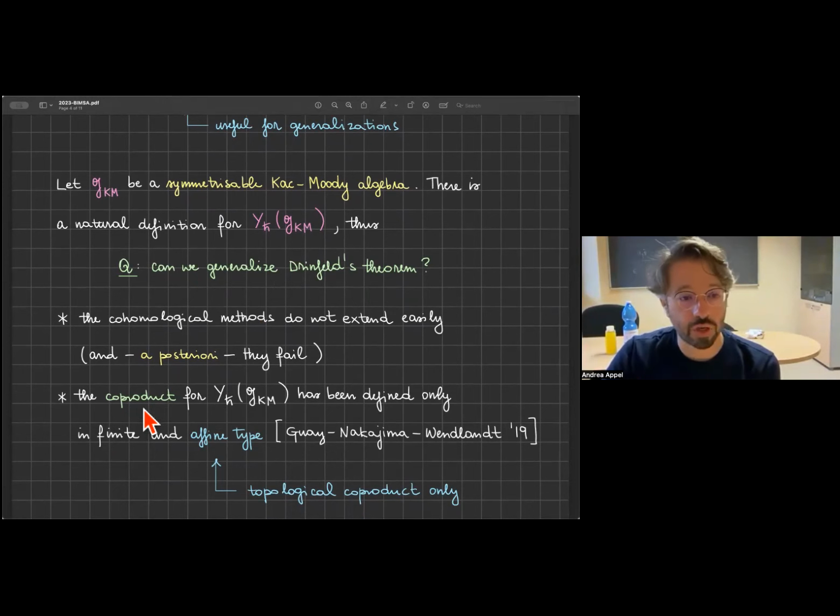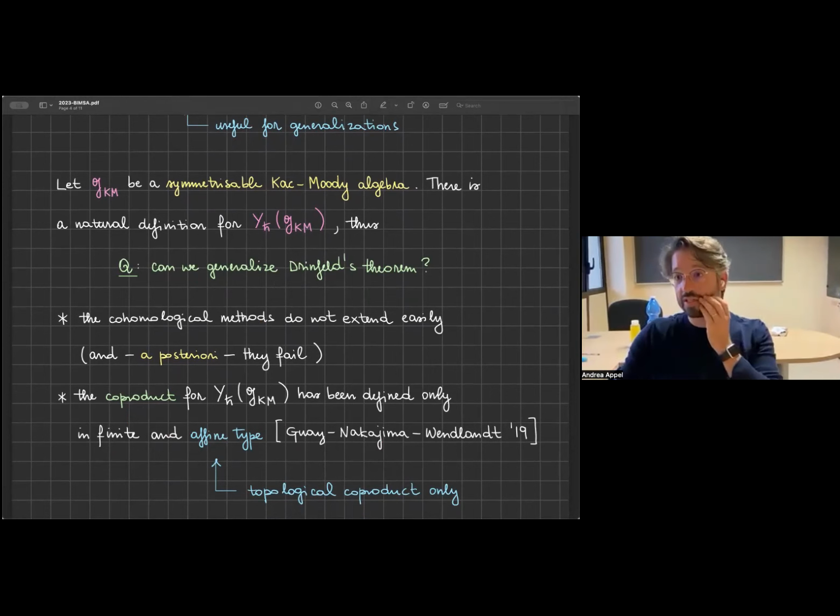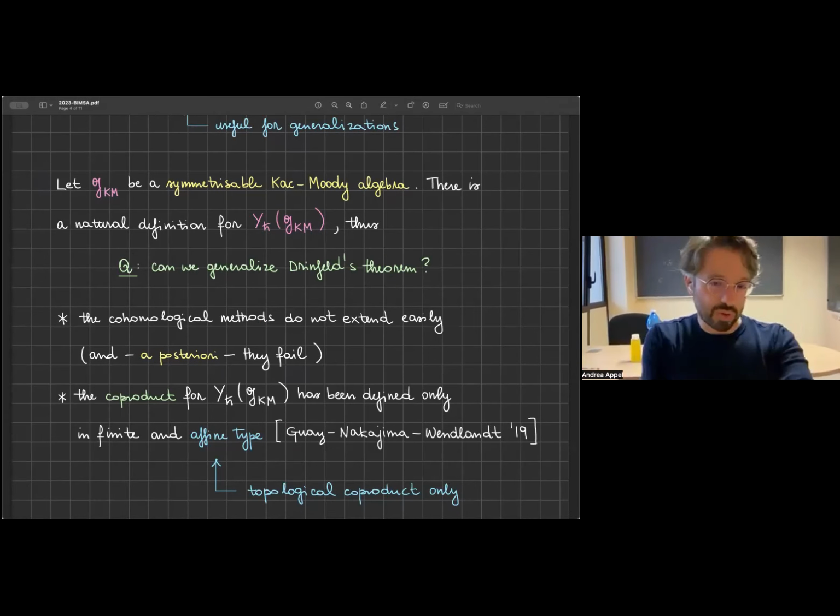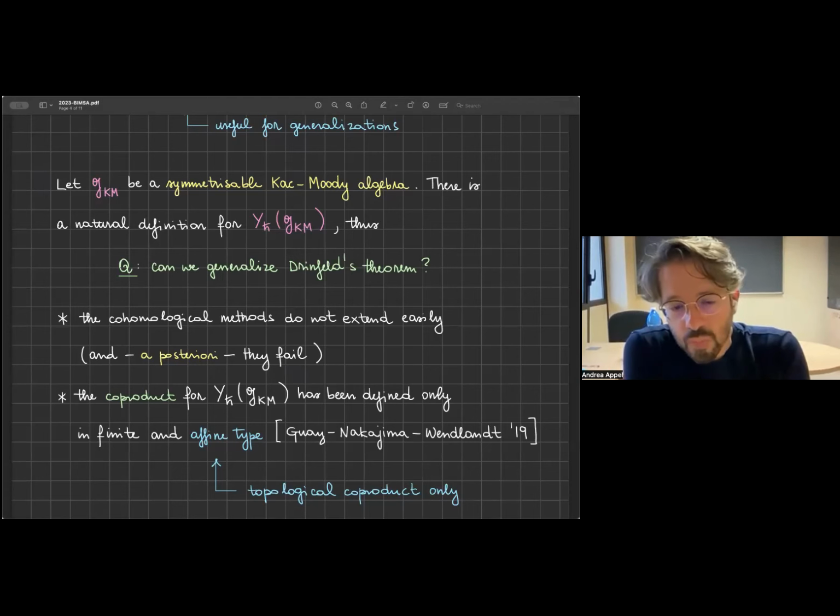Okay, so for an arbitrary Kac-Moody algebra, a coproduct has been defined in a work by Nicolas Guay, Nakajima and Curtis Pentland. The paper is quite old, even though it was published only in 2019. And here also I'm writing something which is a little bit too restrictive.